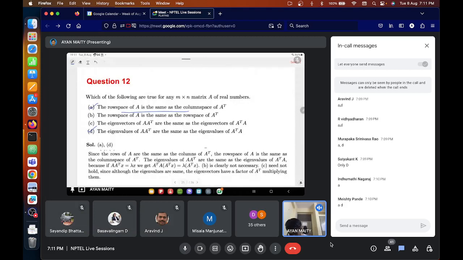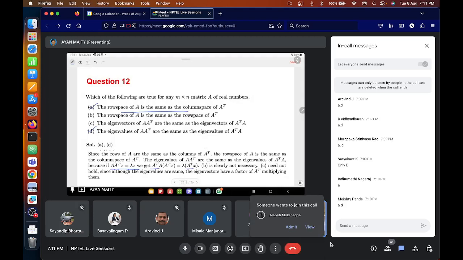So for A transpose, if X is the eigenvector and lambda is the eigenvalue, we can write this equation: A transpose X equals lambda X. Now if we multiply A to both the sides and take out this A transpose, it becomes A transpose A into A transpose X equals lambda into A transpose X. So that means A transpose X becomes the eigenvector, and lambda is the eigenvalue.